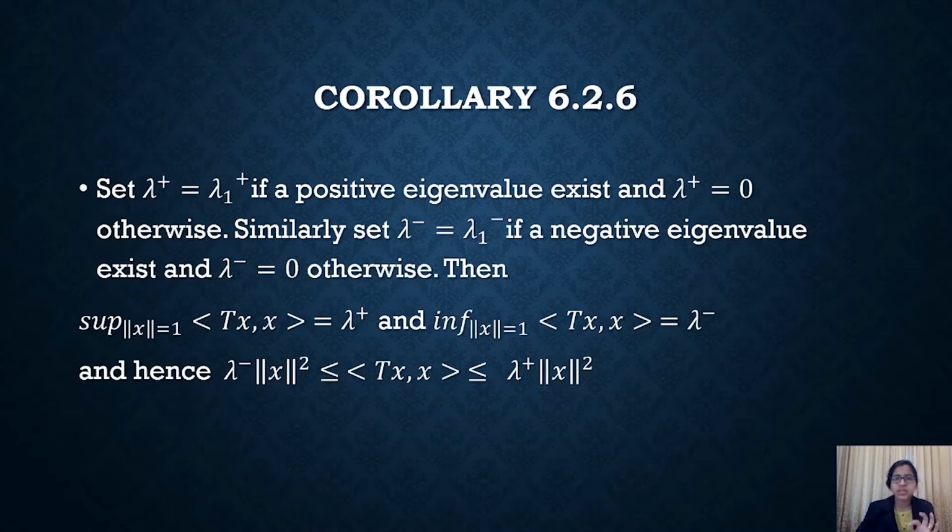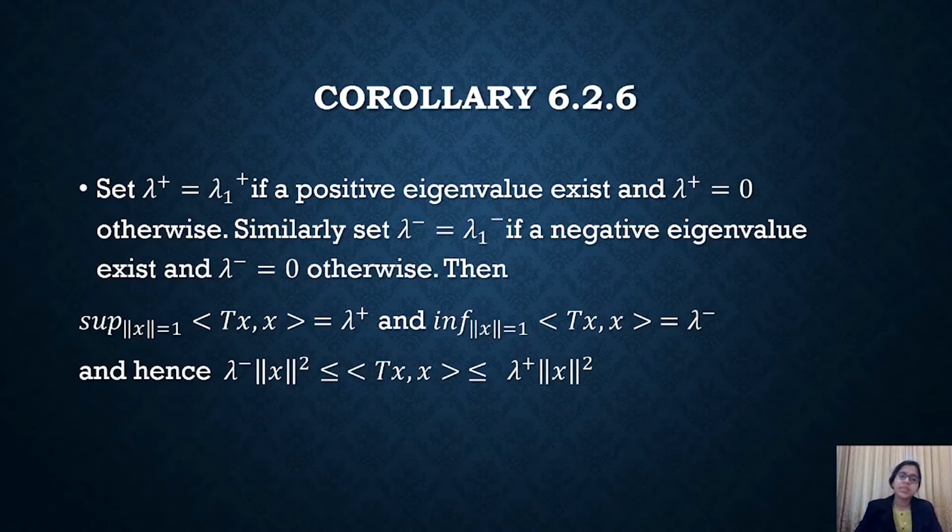If it is a single value, then that is the greatest one, so lambda 1 plus is equal to lambda plus. If there are many eigenvalues, then you have to set the largest of them to be lambda plus. If you have 3 positive eigenvalues, then choose the largest one and set that as lambda plus.